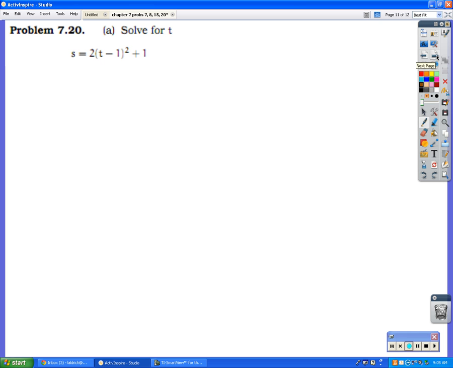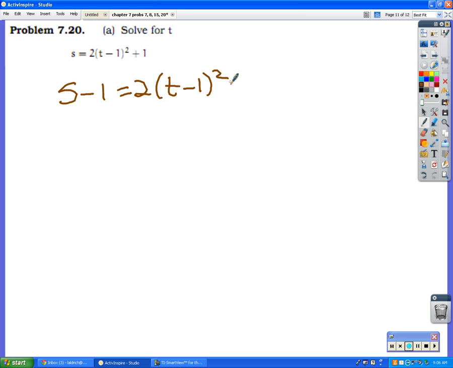All right. So last two are simple algebra problems. If I'm going to solve this for t, what do I do? First step is what? Subtract 1. So s minus 1 equals 2 times t minus 1 squared. Now what?